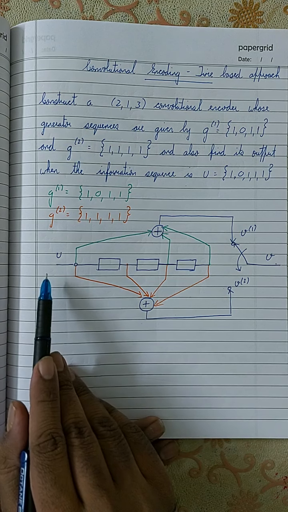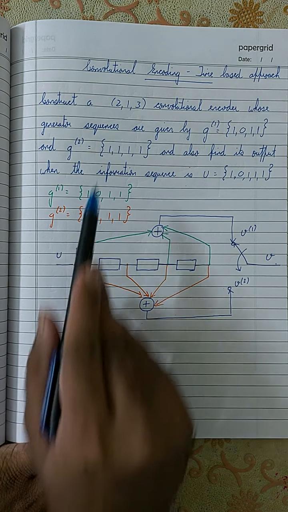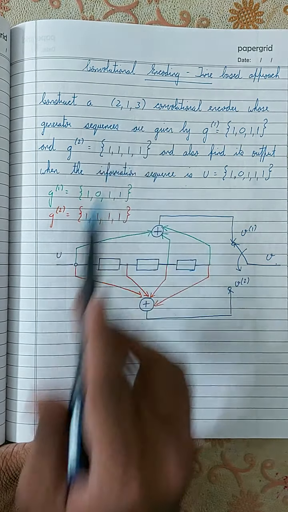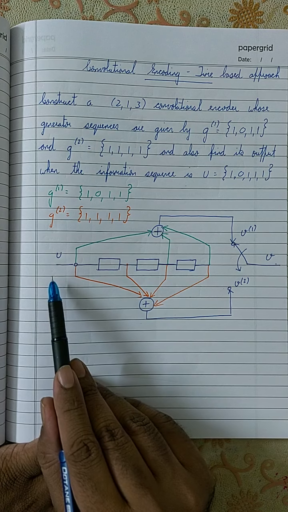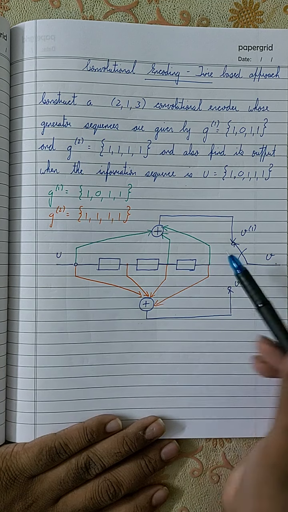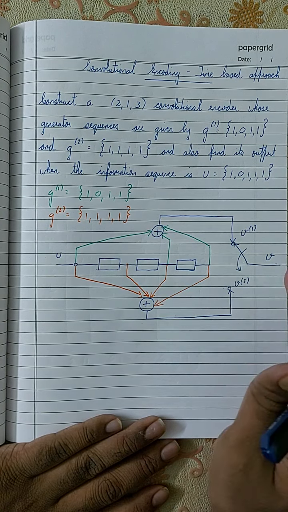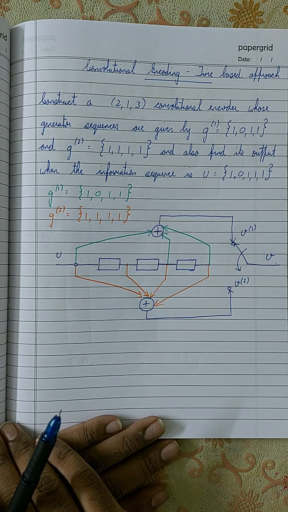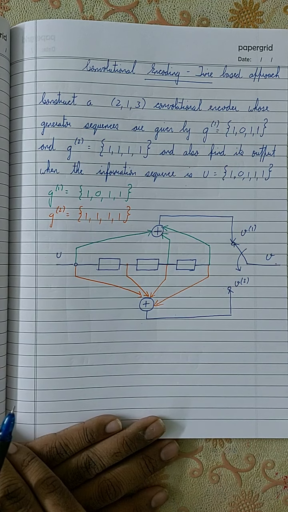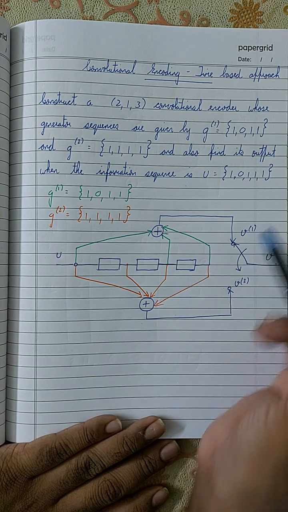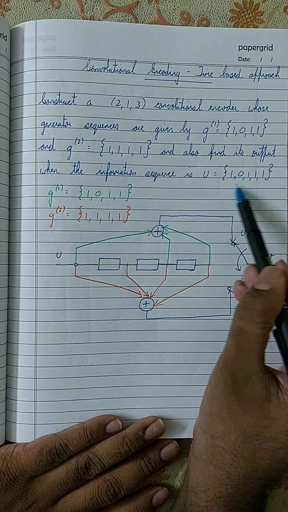Because since the value of k is equal to 1, every 1 bit will enter the circuit, and once 1 bit enters the circuit, 2 output bits will be generated simultaneously, right? So we need to find the value of these 2 output bits that have been generated. So here I'm going to use the time-based approach, and they have already given the information sequence.